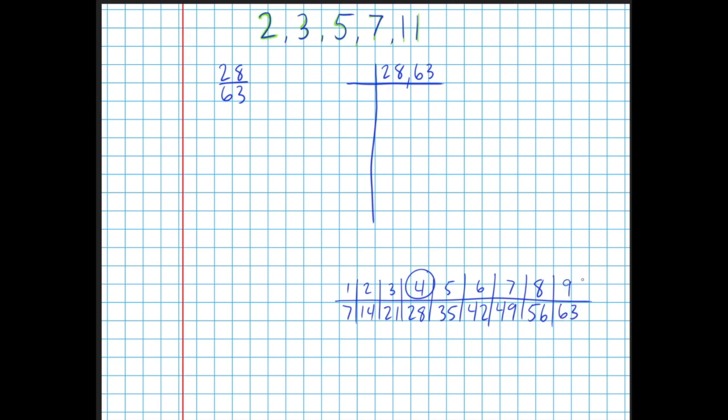And that's 7 times 9. So there I have 2 numbers there that work with 7 in the numerator and denominator. So that means that 7 is my prime number. So we've already done the division. 28 divided by 7 is 4. And 63 divided by 7 is 9.